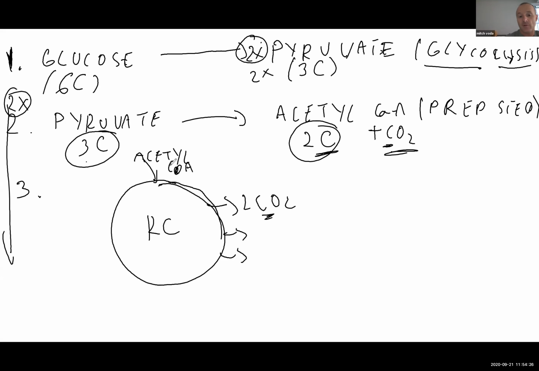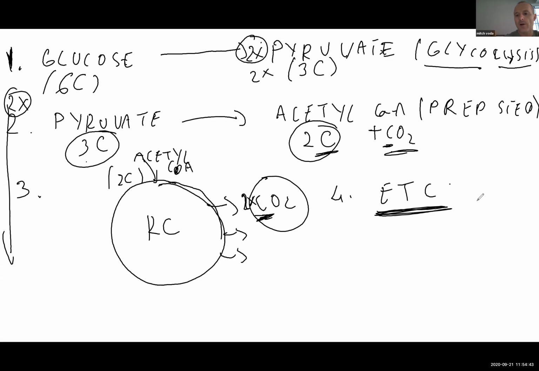Now, since there are 2 carbons for this acetyl-CoA, there are going to be 2 carbon dioxide. Now, step 4 is basically the electron transport chain.